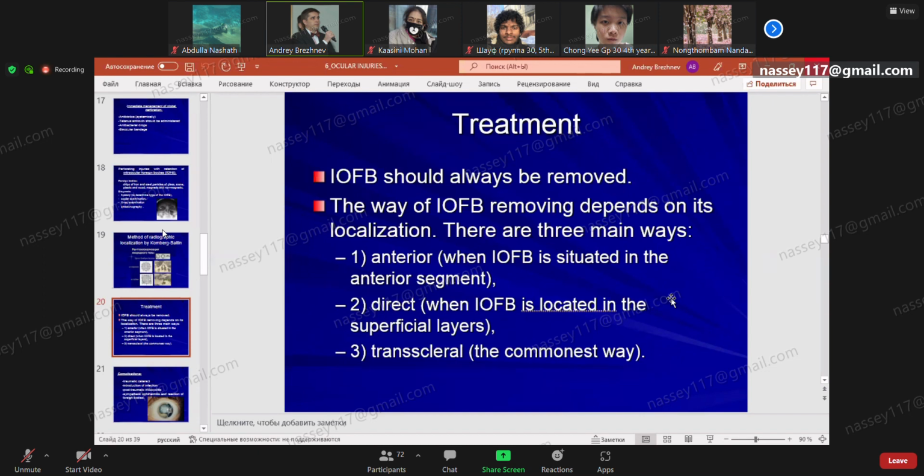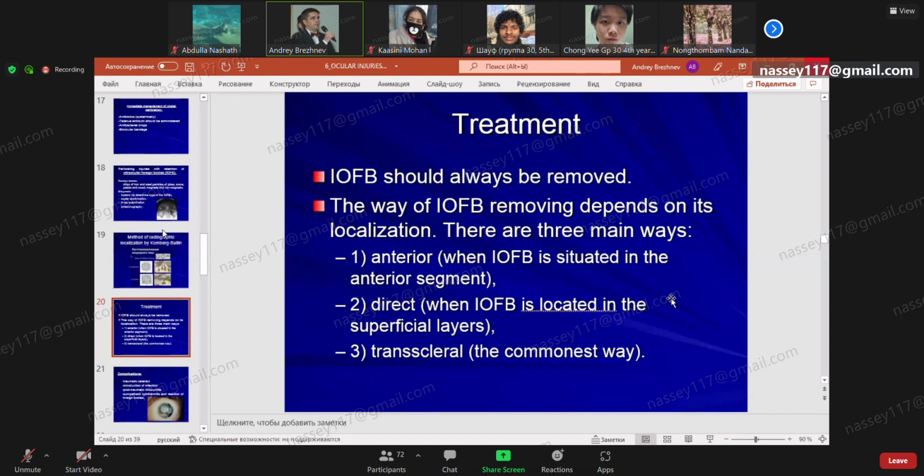So we try to use all the methods for the best localization of the position of the foreign body inside the eyeball, because we have to perform safe and effective surgery. And the only way to perform it is to know exactly the position of the intraocular foreign body.